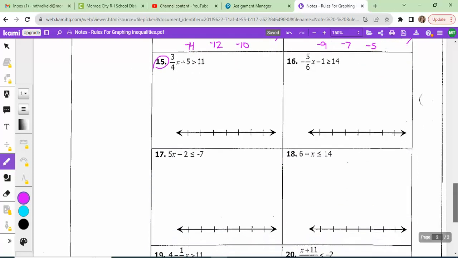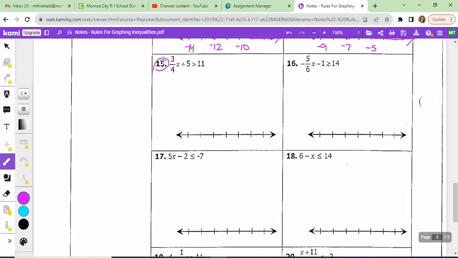15, I think there are a couple more questions on this one. What do we do? Subtract 5. So we have 3/4 x is greater than 6. There's two ways to get rid of the 3/4. You can divide by 3/4. If you do that on your calculator, all you have to make sure you do is put parentheses around that 3/4.